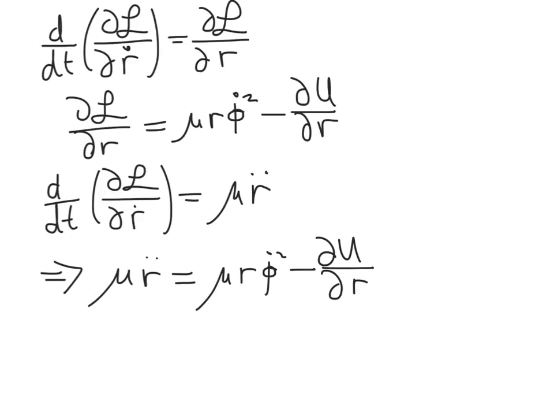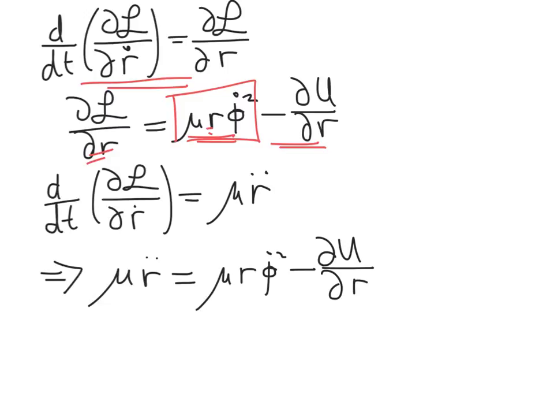Okay, so applying our Euler-Lagrange equation to the r coordinate, first calculate the r partial derivative of the Lagrangian. We get two terms. One comes from the tangential velocity term in the kinetic energy. So this actually comes from the kinetic energy itself because there's an r dependence there, so let's not forget that. And then of course we have the negative r partial derivative of the potential energy function.